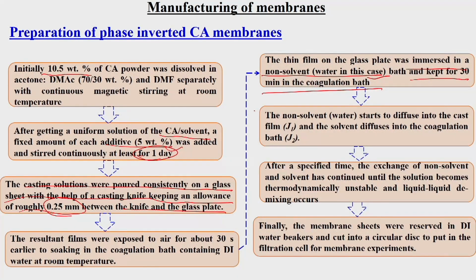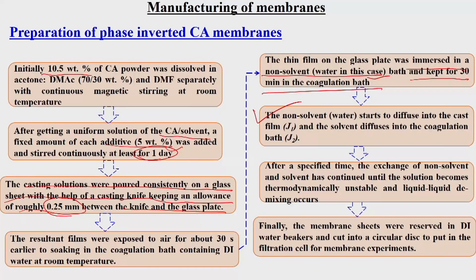Then what will happen is that the non-solvent, water, starts to diffuse into the cast film. So water will be trying to enter inside this film, and at the same time the entrapped acetone, DMSO, DMF will be trying to come out, diffusing into the coagulation bath.